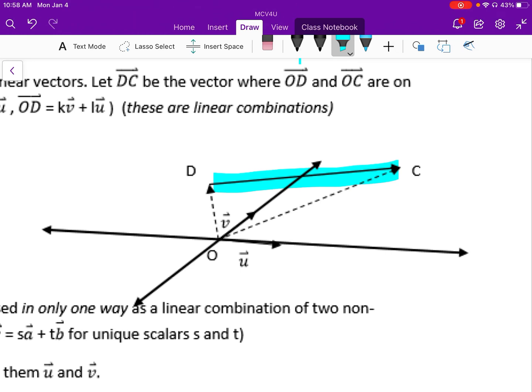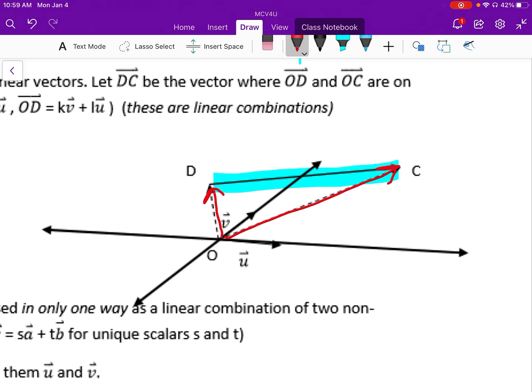D is the head of the vector OD. Notice it's OD there. What I'll do is I'll just change the color over here. And here we go. D is at the head of this vector OD. C is at the head of the vector OC.